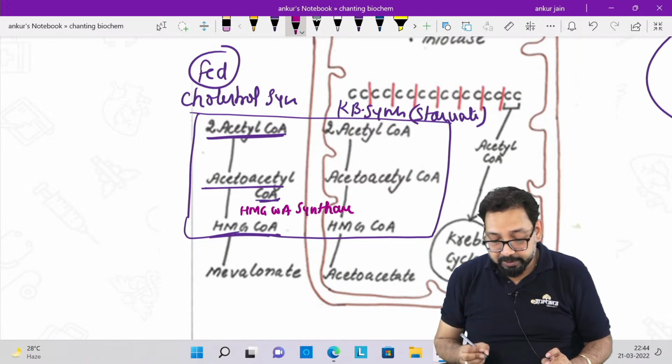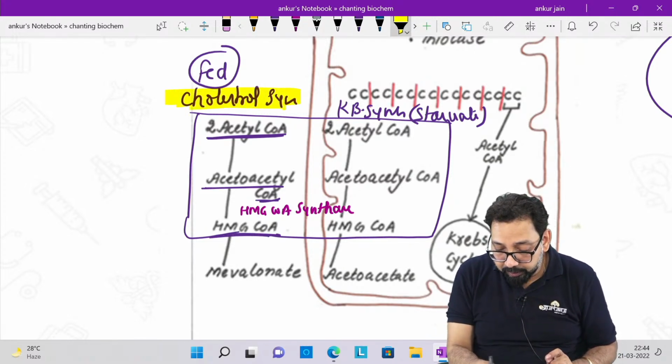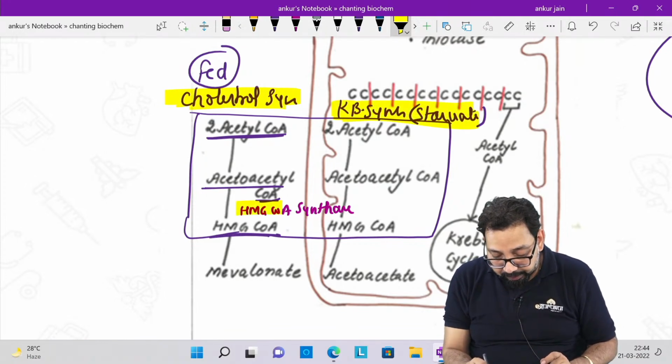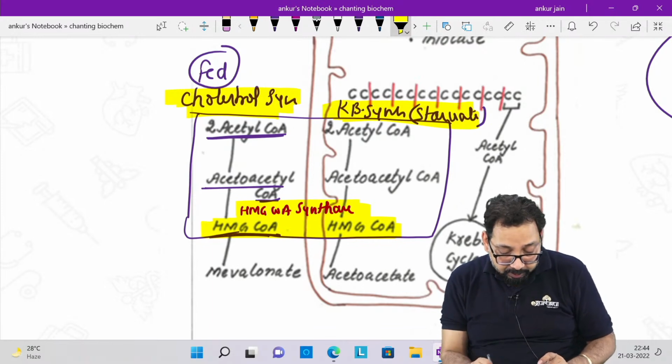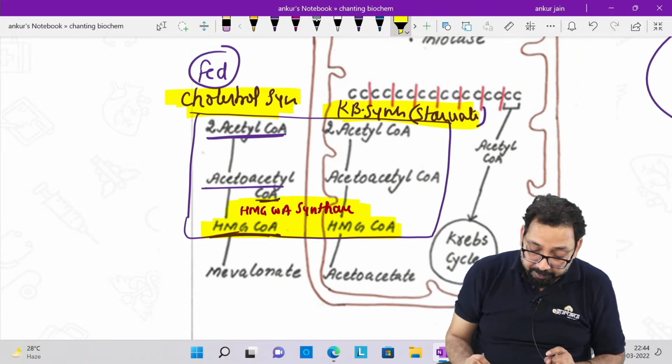This question was asked. HMG coenzyme A is formed both in cholesterol synthesis and ketone body synthesis, and the enzyme common to both is HMG coenzyme A synthase.